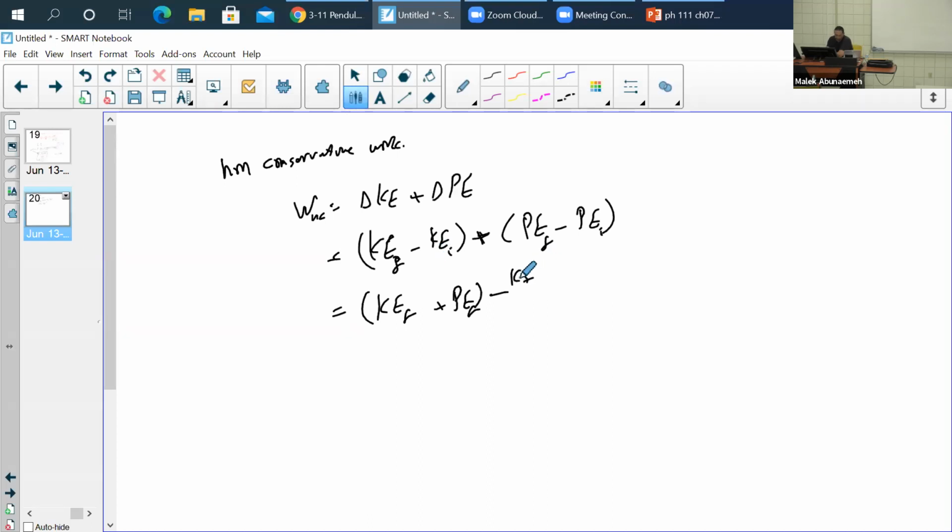Kinetic energy initial plus potential energy initial. Well, remember we defined the energy as your kinetic energy plus your potential energy.